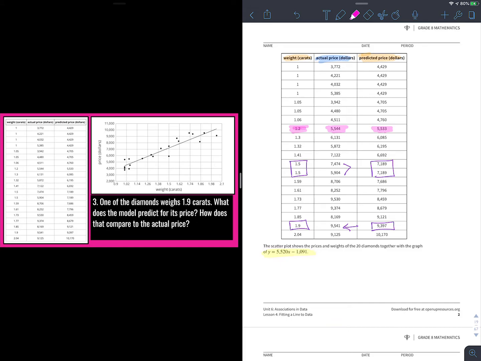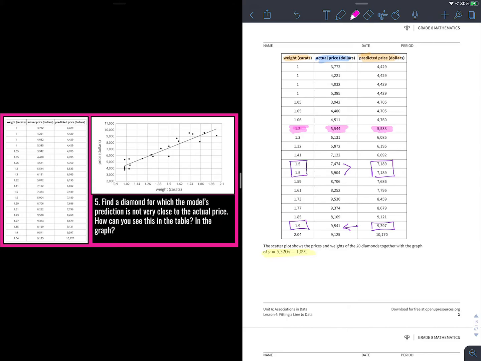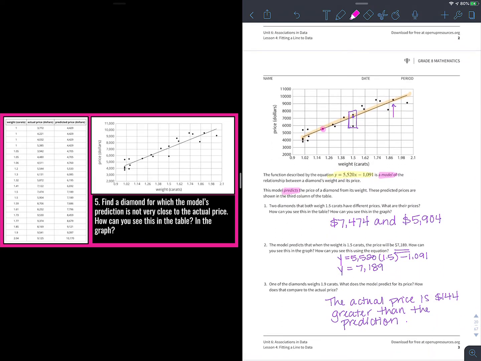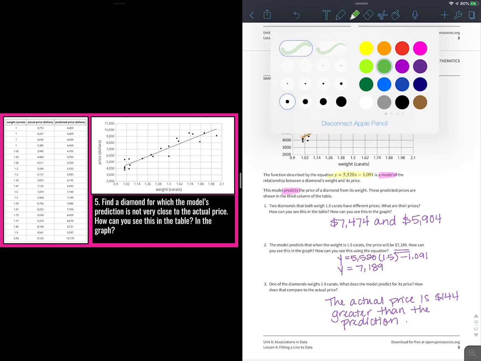But then when we go to question 5, find a diamond for which the model's prediction is not very close. How do we see that in the table? How do we see that in the graph? Well, I'm going to go to the graph first, and I believe that the point which we actually circled earlier, this guy here, let me use a different color, green.